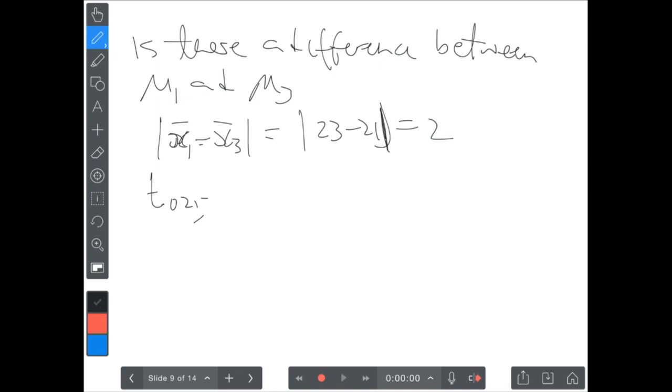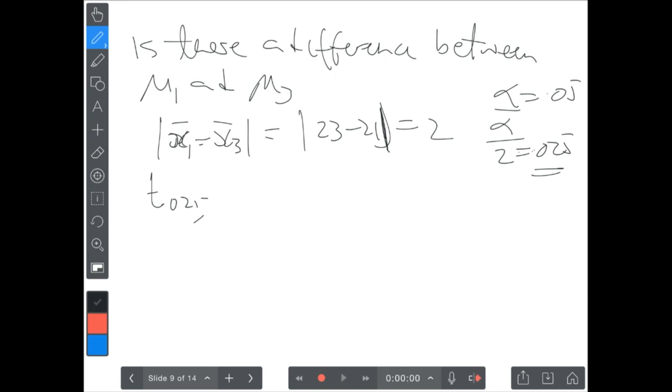We will get a critical value of 2.262. The reason we are using 0.025 is because alpha is 0.05, and it's like a confidence interval, so we use alpha over 2, 0.025.